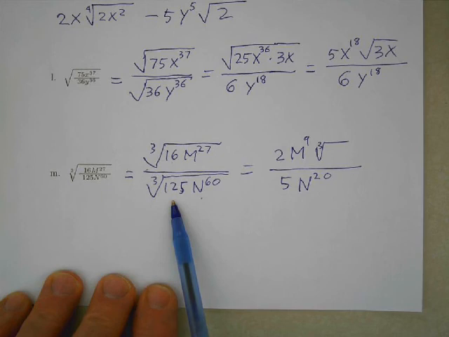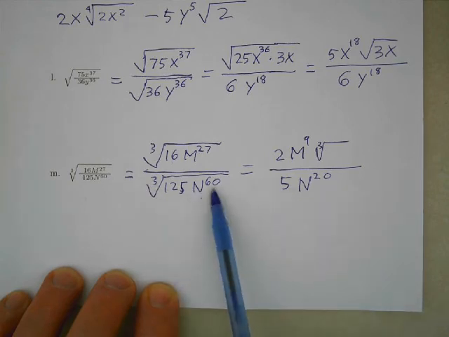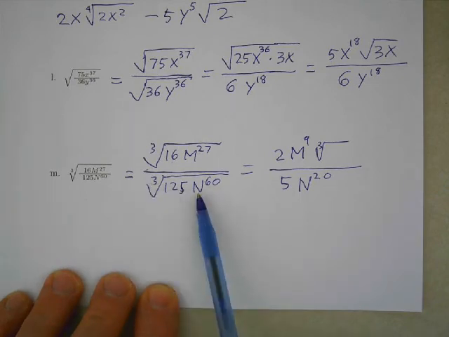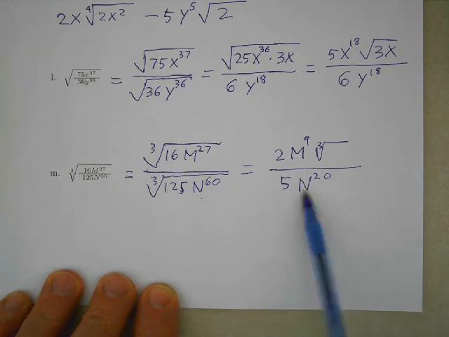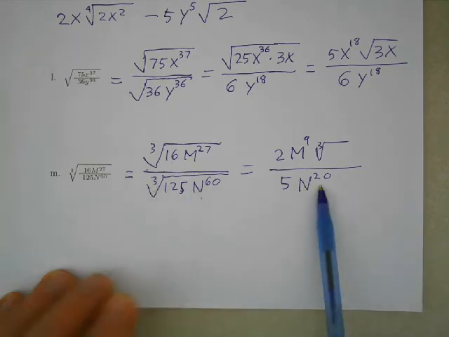If we focus on the denominator, 125 is a perfect cube, and the cubed root of 125 is 5. N to the 60th is also a perfect cube, because 60 is a multiple of 3, and so the cubed root of n to the 60th is n to the 20th, because 60 divided by 3 is 20.